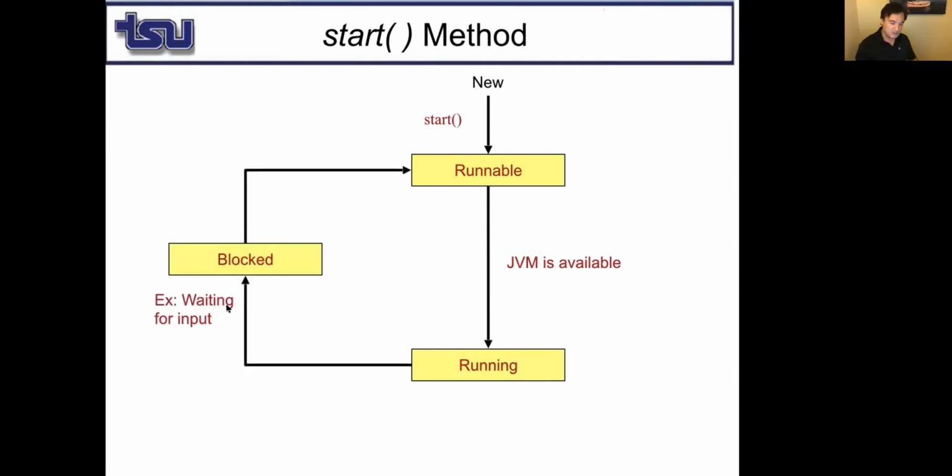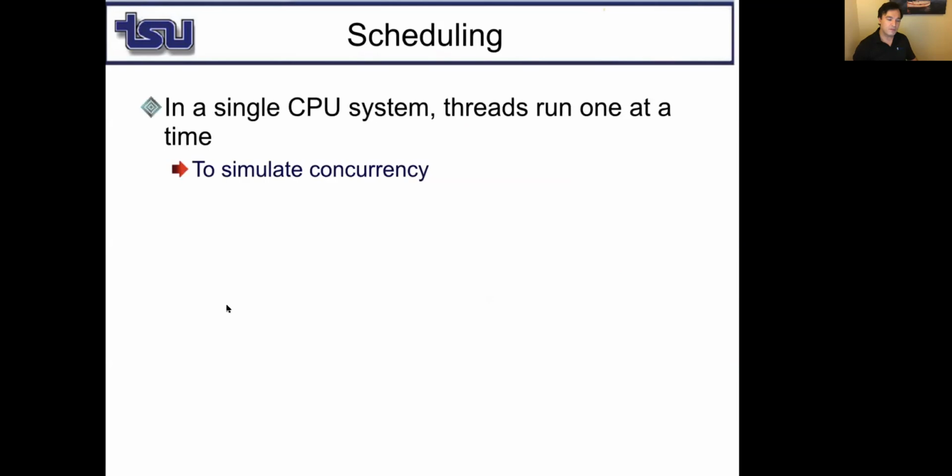If for some reason you're blocked, for example, if the program asks the user to enter a number, that means you're waiting for the input from the user. That means you're blocked. Okay, you wait, and when the user enters the number, you go back to runnable mode. And then whenever JVM is available, you go back to running mode. And while you're running, you may be done. That means you die, and you may get out of the running mode.